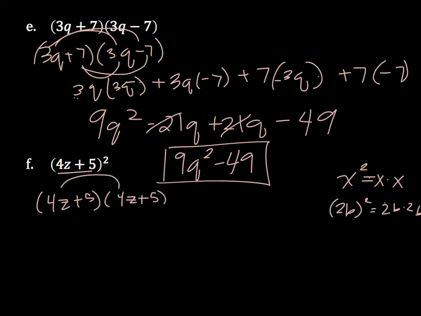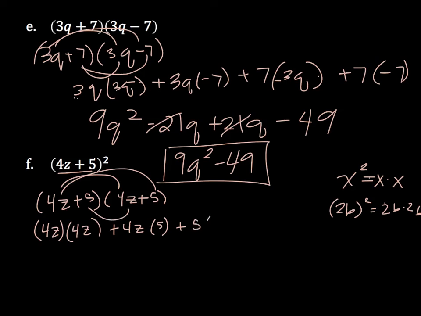So we have first, outside, inside, last: 4z times 4z. And if you're like me, your z's look like 2 sometimes, so put that little line through. Outside, plus 4z times 5. Inside, plus 5 times 4z.